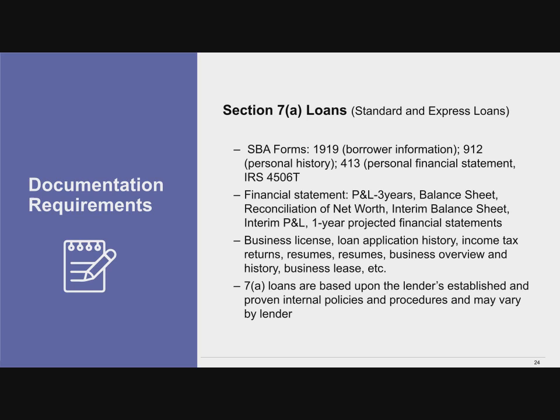There's no change there. Financial statements, P&L for 3 years, balance sheet, reconciliation of net worth, interim balance sheets, all of these things, nothing has changed relative to the SBA 7(a) loan program or the SBA Express program today. And again, I want to encourage you, an SBA delegated lender tends to be a little quicker than the non-delegated lender, but the documentation requirements are all the same for all of the lenders.